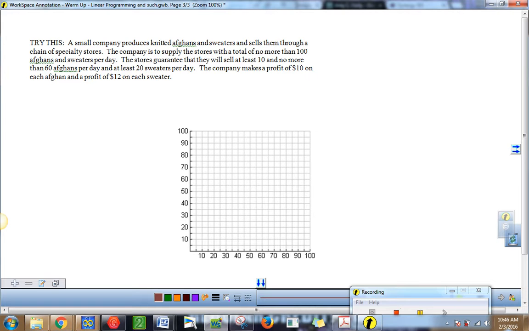That's really hot. We're going to read that more than once. So those are all of our constraints, right? The company makes a profit of $10 on Afghans and a profit of $12 on each sweater.